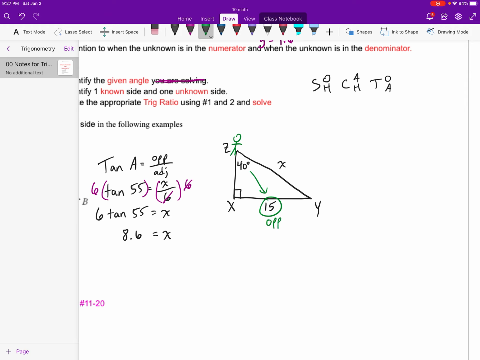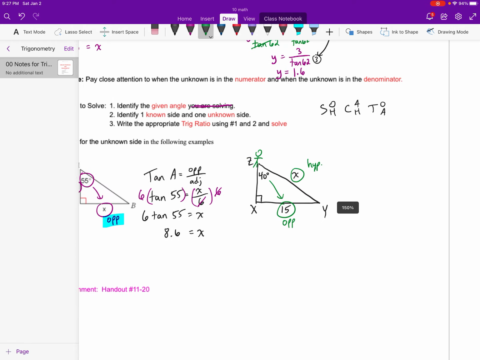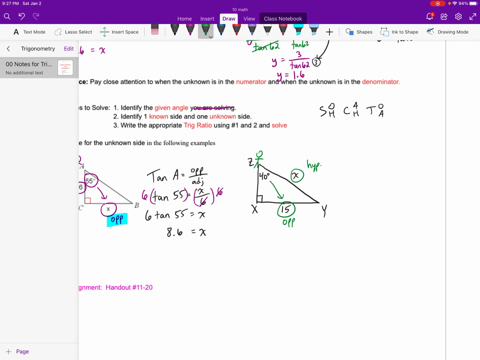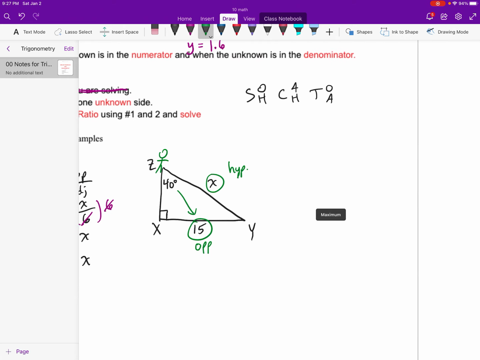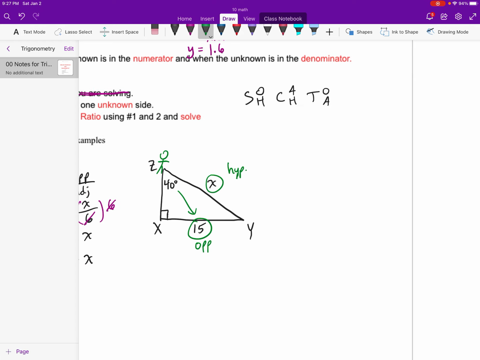Then we identify one unknown side, and that's this side right here. Because it's across from the 90-degree angle, it is called the hypotenuse. Now we write the appropriate trig ratio using steps 1 and 2. What trig ratio uses the opposite and the hypotenuse? That's the sine ratio.